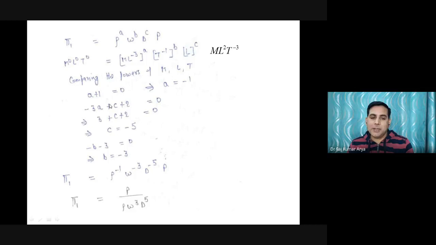It will give you a, then power of L, you will get this one, and then you will get c, and the power of T would equate this, will give you b. So you did that, and from there you got a number here, pi 1. This is P upon rho omega cube d to the fifth. This is called your power number.